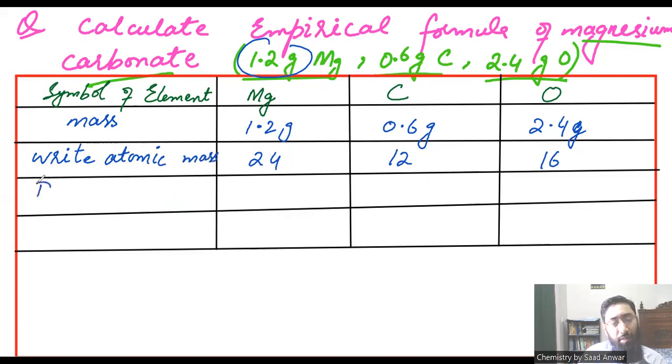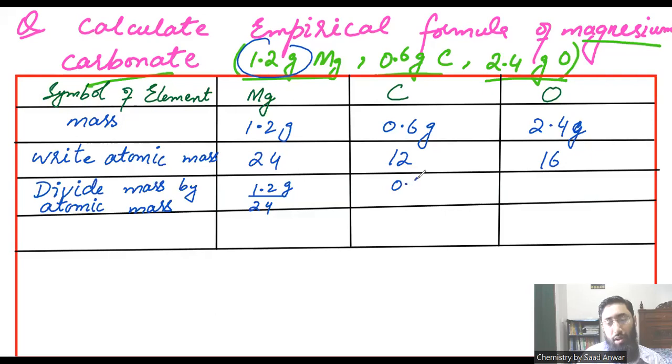Now, in the next step, divide mass by atomic mass. Like 1.2 gram, divide 1.2 gram by 24. Then divide 0.6 gram with 12. Then divide 2.4 gram with 16.